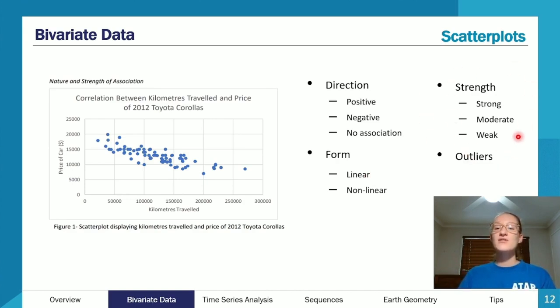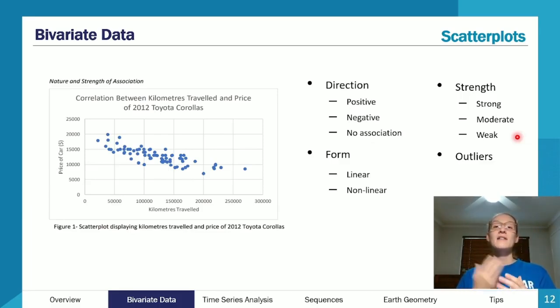And then when it comes to the strength, we touched on it briefly before. Again, that's our R value, our Pearson's correlation coefficient. Whereas here, I'm just saying maybe it's moderate to strong. If I calculate a Pearson's correlation coefficient, I can determine exactly, mathematically and precisely, the strength of this relationship.